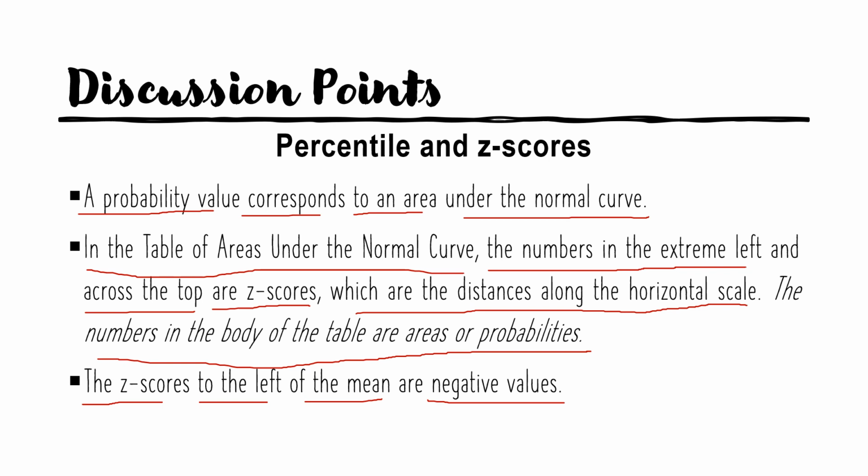Thus, when we are given the area and we wish to find the corresponding z value, we locate the given area at the body of the table. If the exact area is not available, we take the nearest area. Then we look up the corresponding z value in the table of areas under the normal curve, or z table.